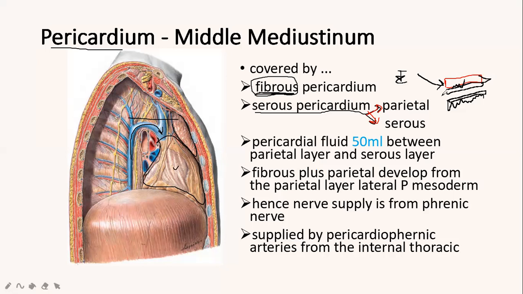They come from the parietal layer of the lateral plate mesothelium. Then the serous layer is tethered to the heart tissue.